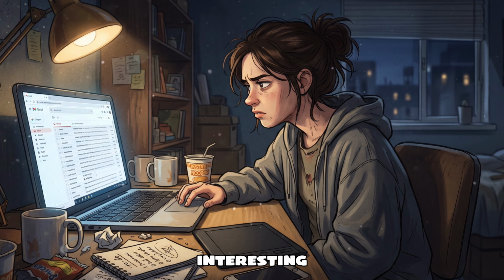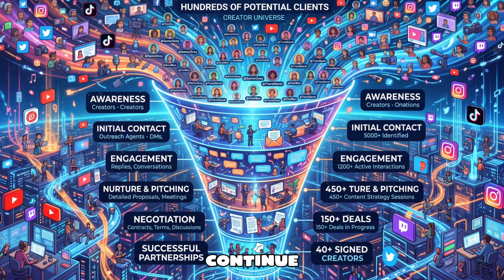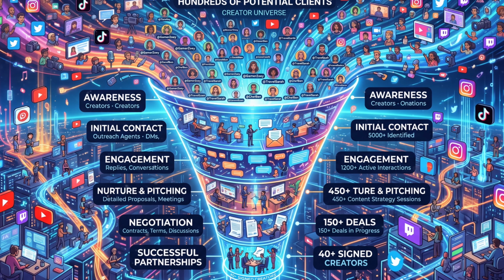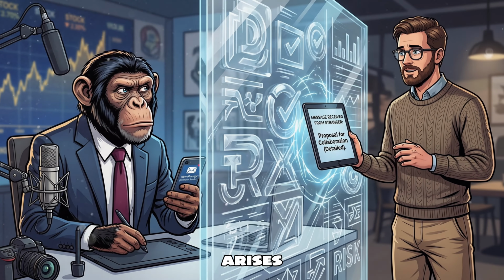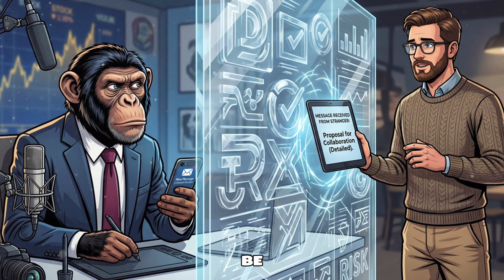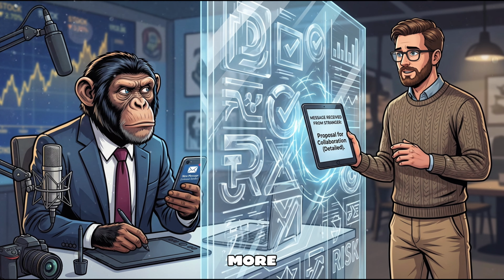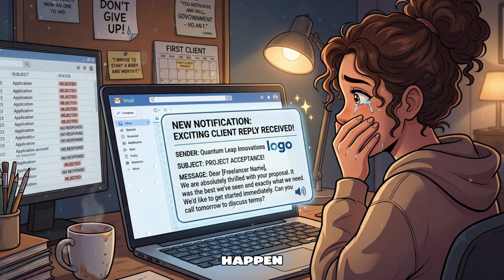But here's the interesting thing. Most people never get beyond this stage. Why? Because they continue to think like editors, instead of thinking like entrepreneurs. The question arises, how can I make editing better? Although the question should be, how can I help my client earn more? After a few months, something important starts to happen.